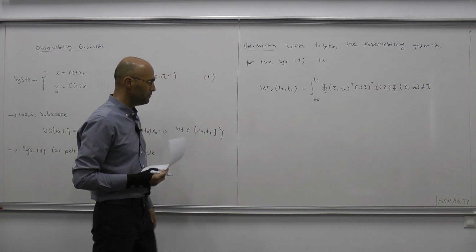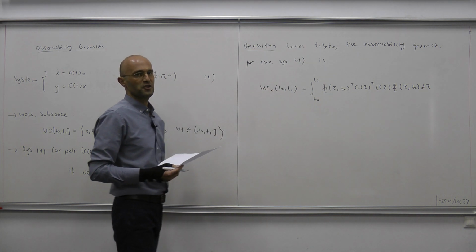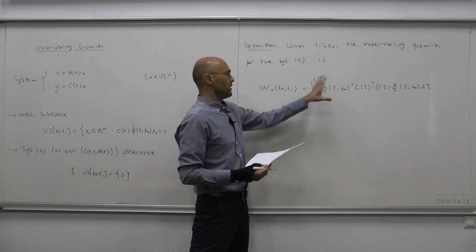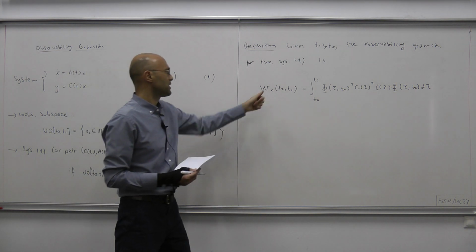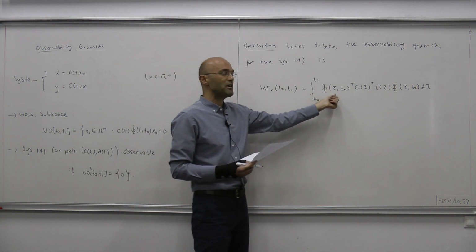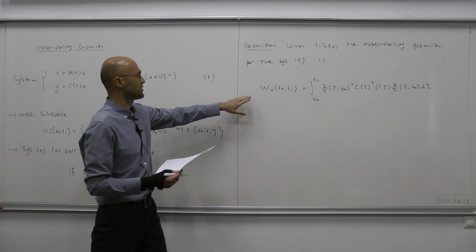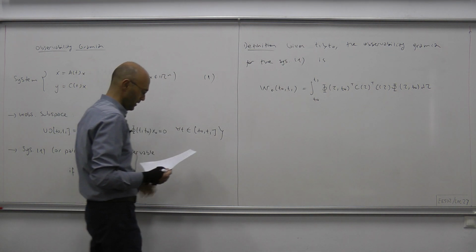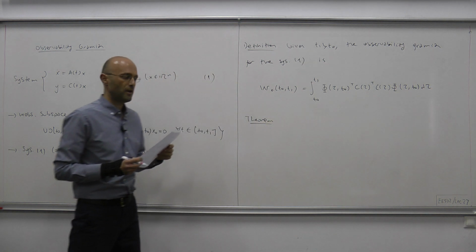Now, the integrand is symmetric and it's something times its transpose, therefore it's also positive semi-definite, and as a result the integral is also an n by n matrix, because the order of the system is n, therefore the state transition matrix is an n by n matrix. It's symmetric and it's also positive semi-definite. Now here is a simple observation.